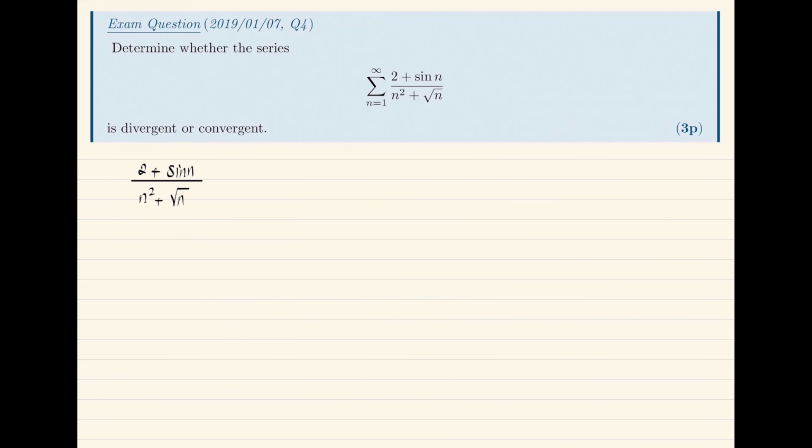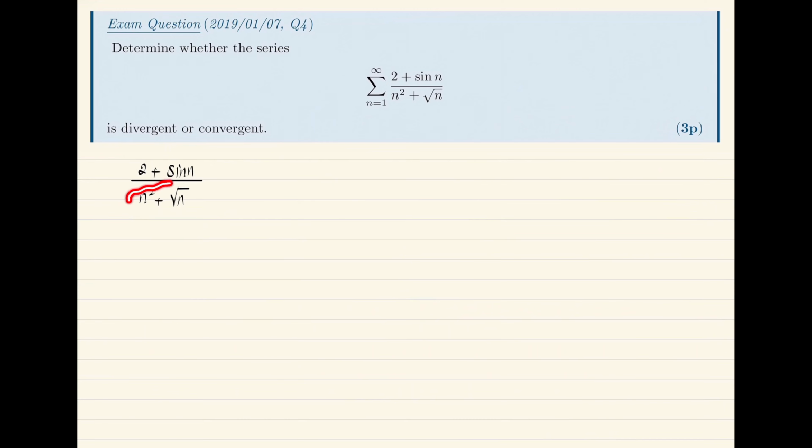But we have to get a feeling of what type of argument we should follow. Sine n is maximally 1, minimally minus 1, so the expression in the numerator is between 1 and 3. That's a number oscillating between these two.